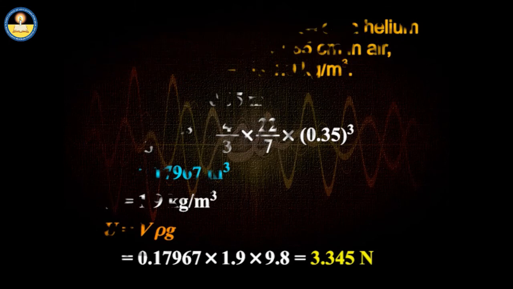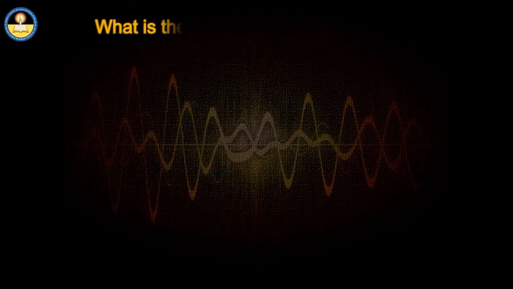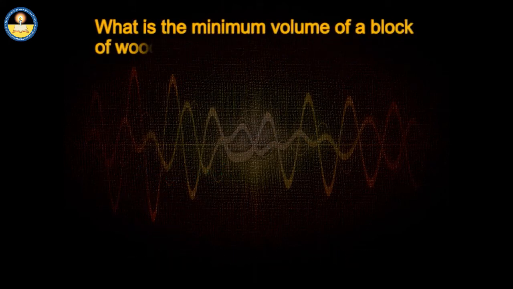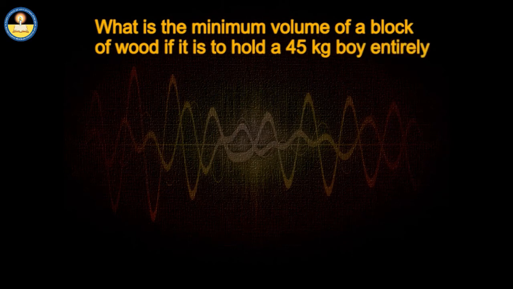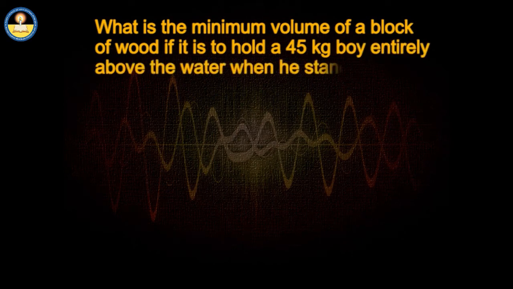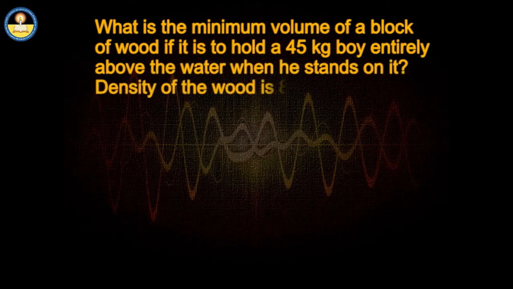Next problem is, what is the minimum volume of a block of wood if it is to hold a 45 kg boy entirely above the water when he stands on it? The density of the wood is 850 kilograms per meter cube.